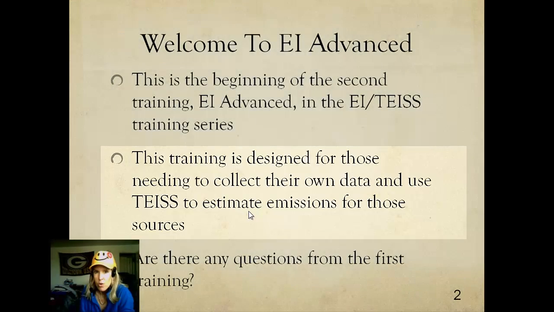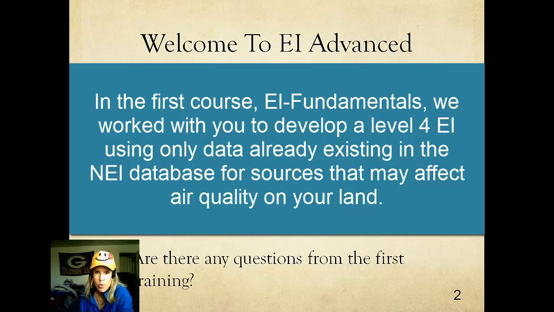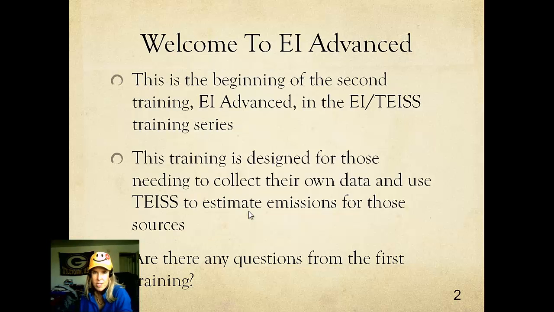So in our first course, in modules 1 through 6, we presented how to interpret and present the data that's already loaded into EPA's National Emissions Inventory database. That's really important for you as a first step, and maybe, depending upon how big your reservation is, how many sources you have, and the concerns of your community, that is a sufficient first step.